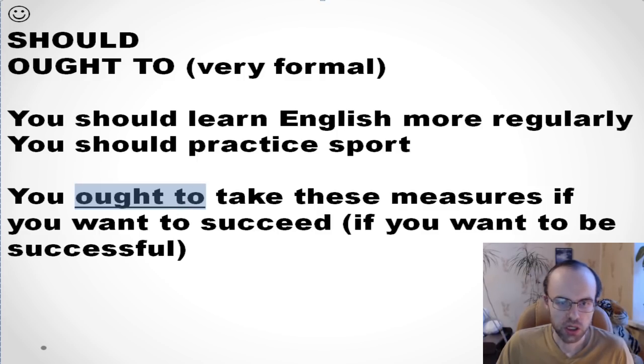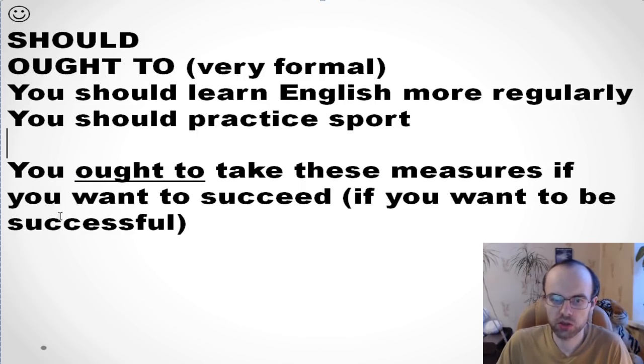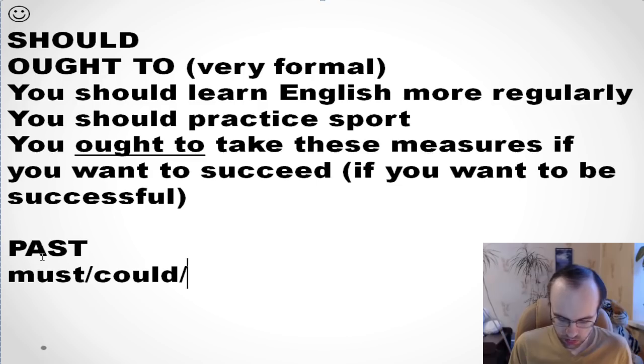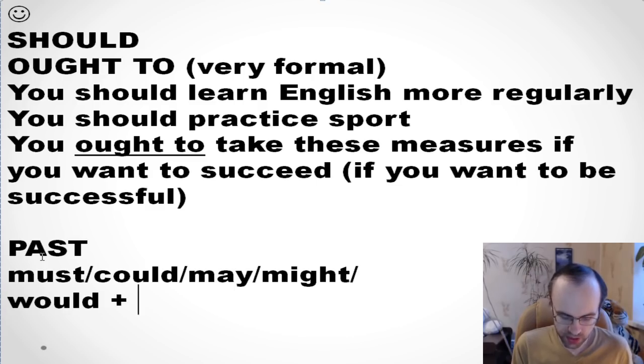Okay, and you know, if we are talking about the past, so you can use must, could, may, might, would, plus the third form.